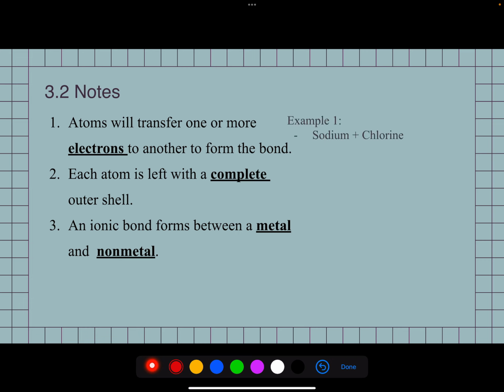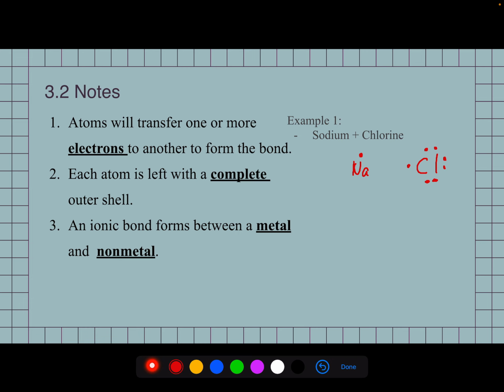So for our first example, we have sodium and chlorine. What we have going on with sodium and chlorine is that sodium is element Na. It has 1 valence electron. Chlorine is going to have 7 valence electrons. Okay?